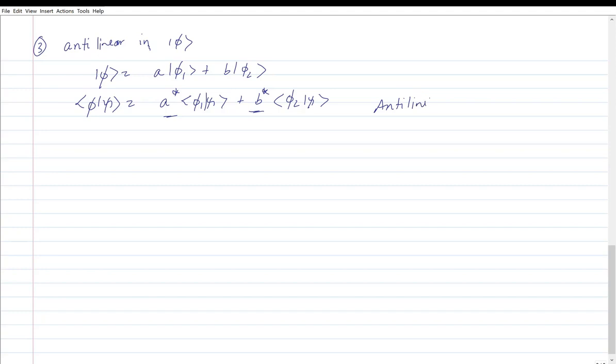So, for example, if I have, let's say, phi is a phi 1 plus b phi 2, then the inner product with another vector is antilinear. The coefficients come as complex conjugates.